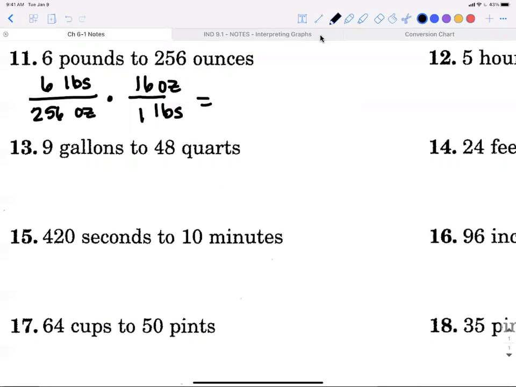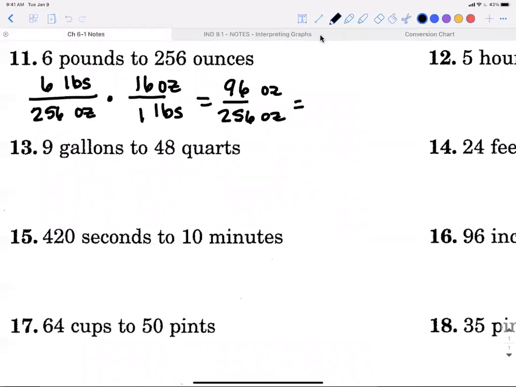So now when I multiply straight across, I multiply my 6 and my 16. So 6 times 16 is 96. And then when I multiply across the bottom, 256 times 1, I keep my 256, which were my original ounces. And now I've got everything written in ounces.